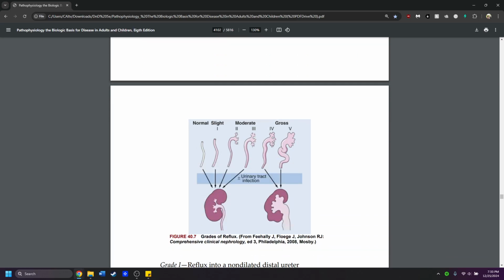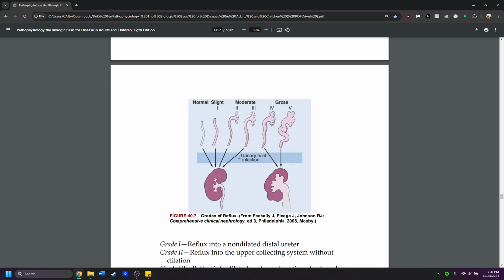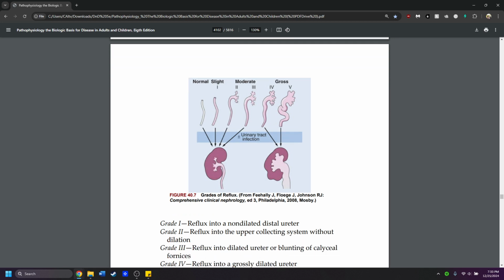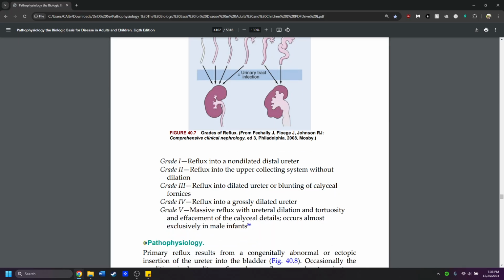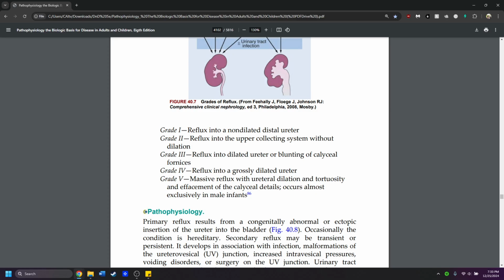So if you have your grades of reflux, you have your normal, then you have your slight, your moderate, and then your gross. Grade 1 is reflux into a non-dilated distal ureter. Grade 2 is reflux into the upper collecting system without dilation.